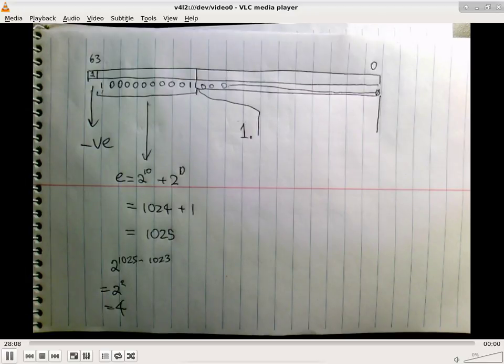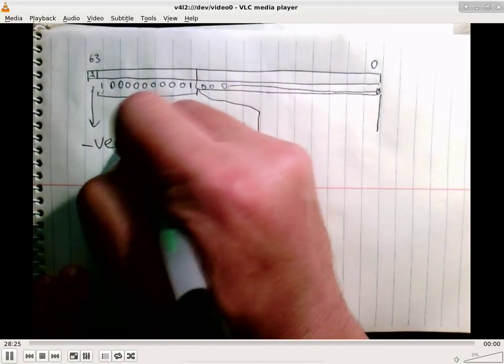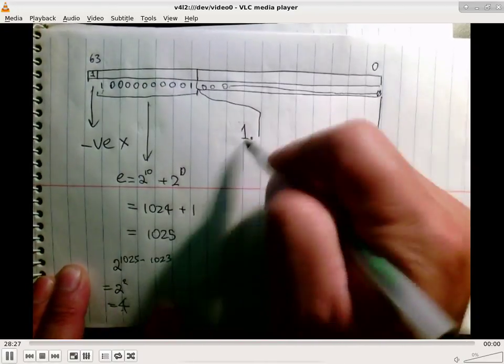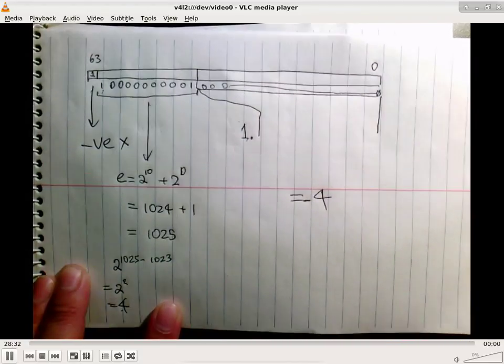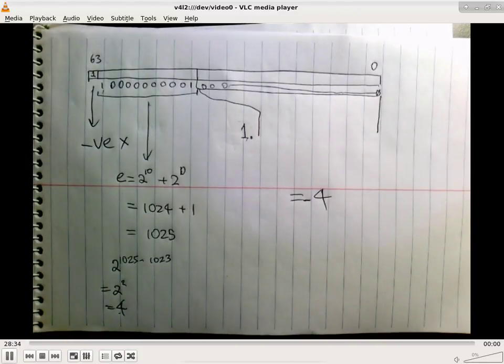Well, I guess it doesn't even matter whether it's binary or not, right? 1 point 0000 is always representing just 1, because I've got no fractional part. Is that okay? Then you take all of these components and you say -1 times 4 times 1 is -4, sorry. So this entire bit pattern is actually representing the quantity of -4.